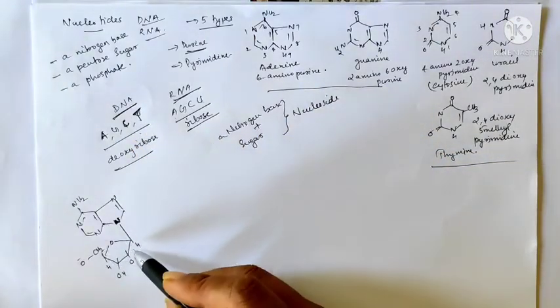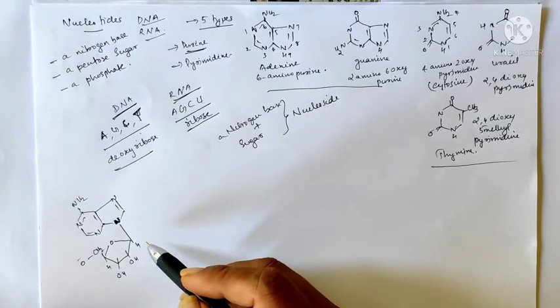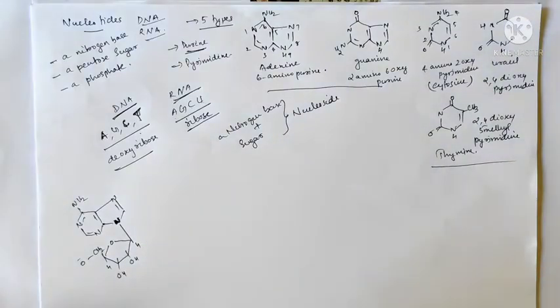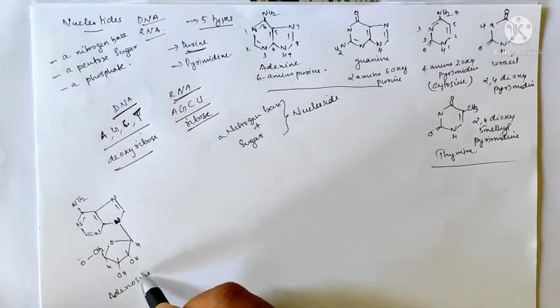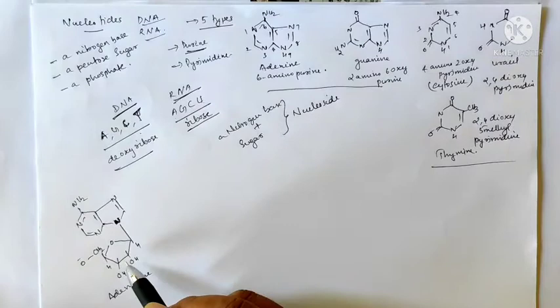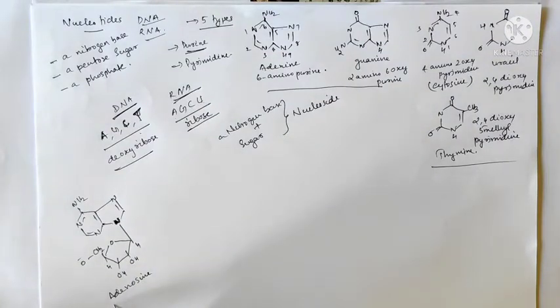So this is a nucleoside, and this nucleoside can be called adenosine. Adenine, a sugar molecule joined, it became a nucleoside, adenosine.